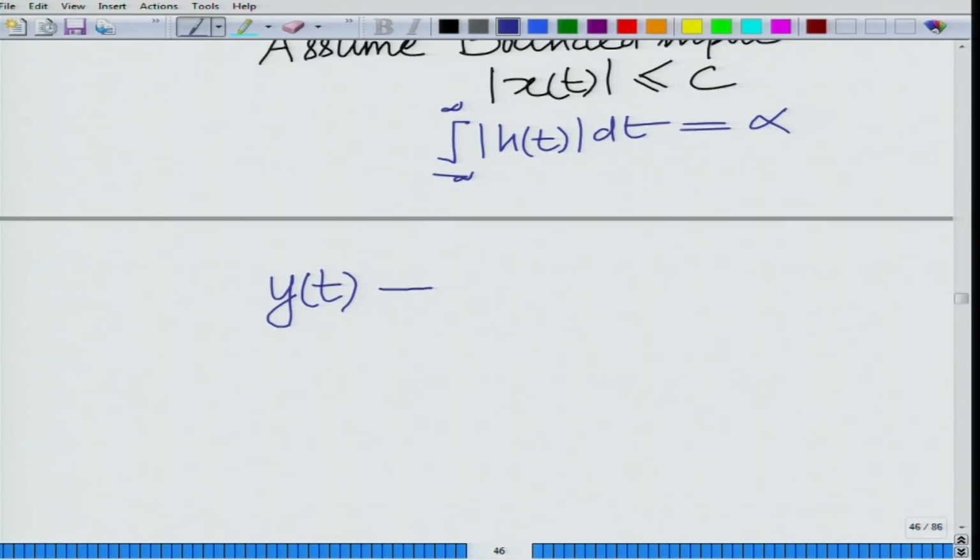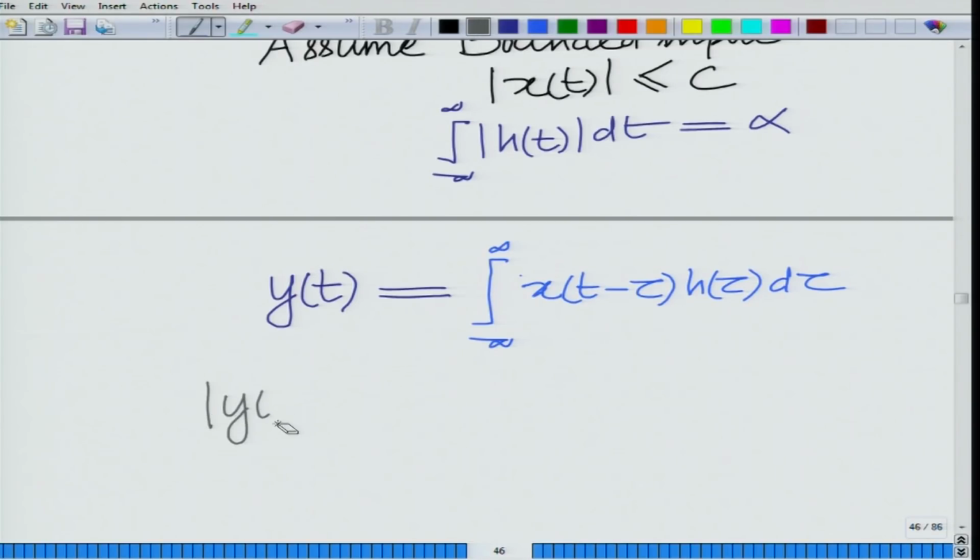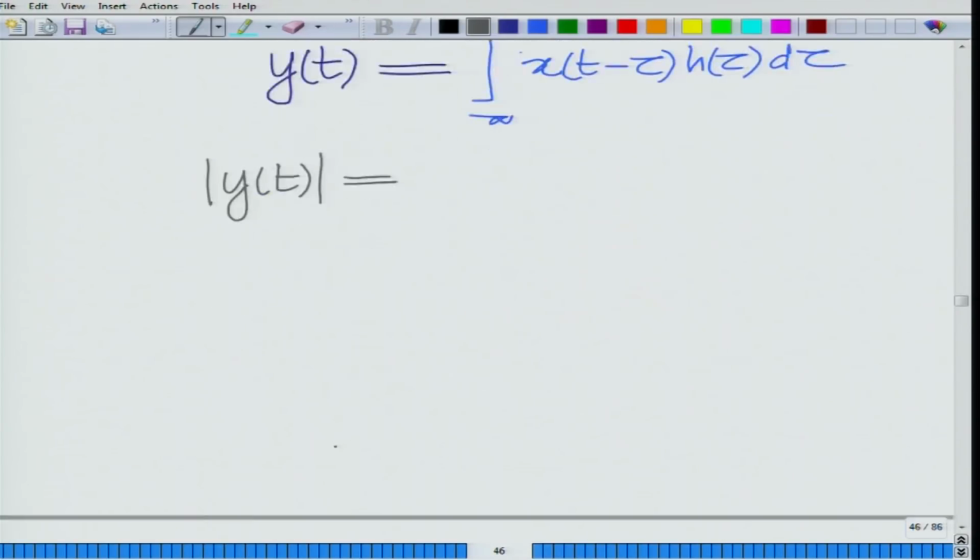Now recall that the output for any arbitrary input signal x of t is given in terms of the impulse response as the integral of x of t minus tau h of tau d tau. Therefore, the magnitude of y of t is equal to the magnitude of the integral of x of t minus tau h of tau.